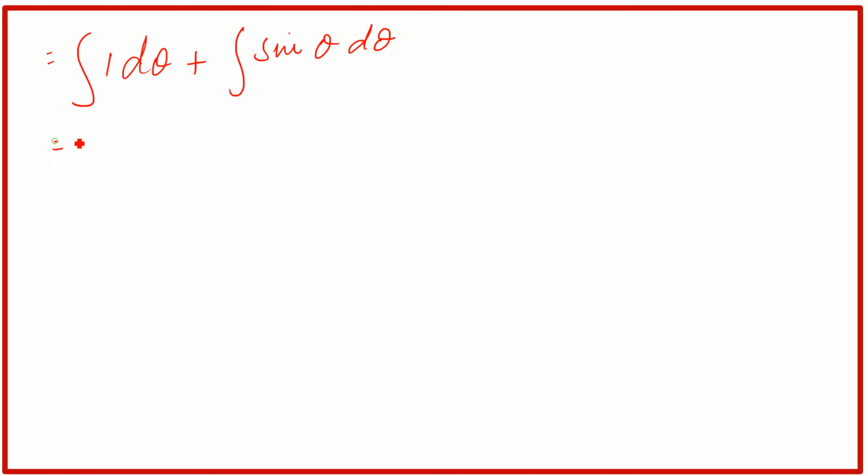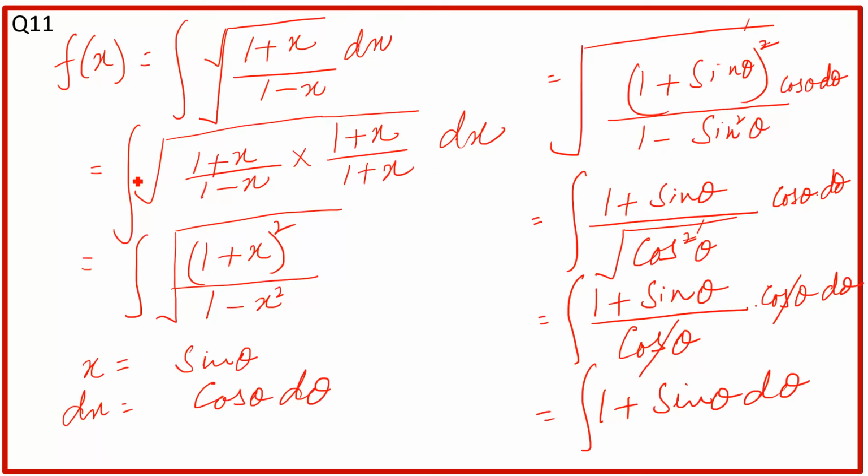So see, the integration of 1 d theta is only theta, minus cos theta for the integral of sine theta, and now we will use the constant of integration c. But this is not our answer, because here we have supposed that x is equal to sine theta, right?